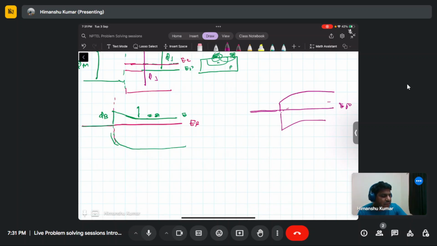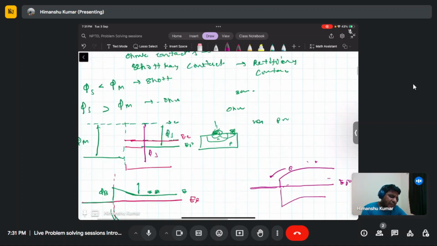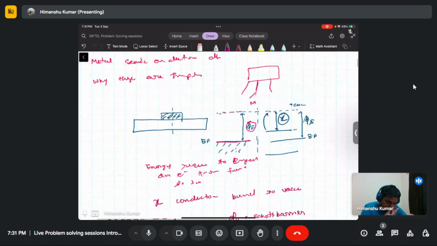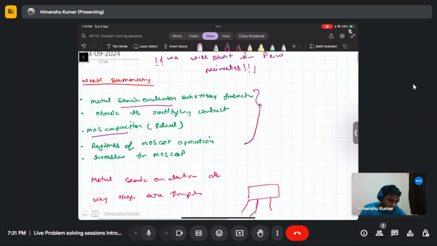As you can see, these electrons do not see any barrier, so you can apply positive and negative bias, and you will see a flow of current in both directions. Electrons can jump from here, and you will see the flow of current if you apply any potential difference. So these are the different regions of operation for a Schottky barrier diode.